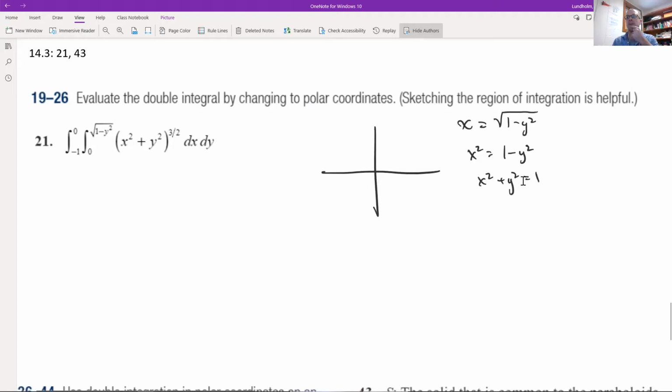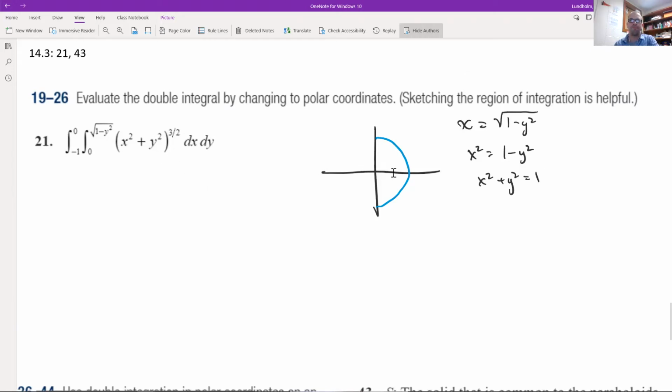Wow, that's the unit circle. So this function of y is part of the unit circle. It's actually just going to be the right half of the unit circle where the x values are positive.